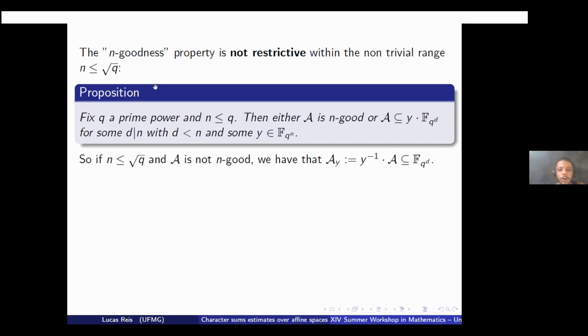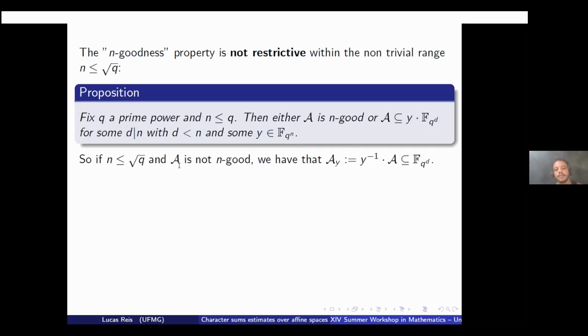So if we consider the range of non-triviality, little o of square root of Q, or n at most square root of Q, we have n at most Q, so we can apply the proposition. If under this inequality my affine space is not n-good, which means that I cannot use the theorem, we have this.